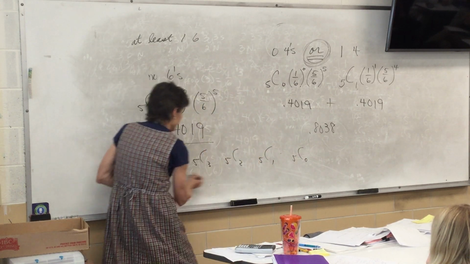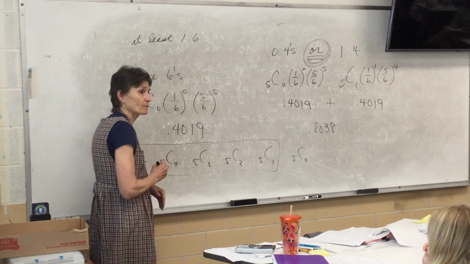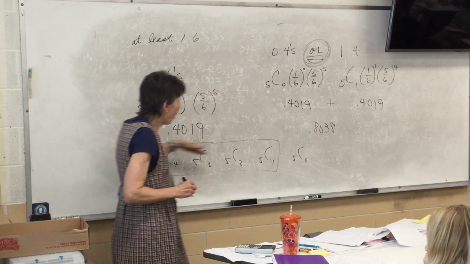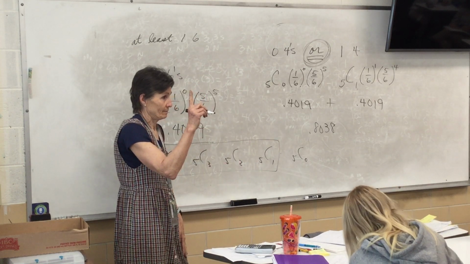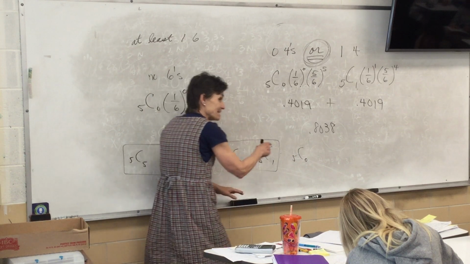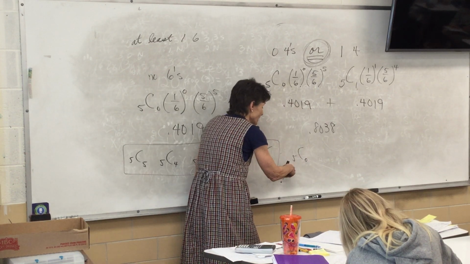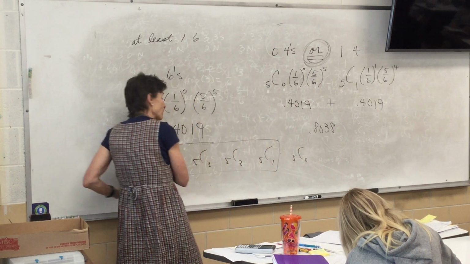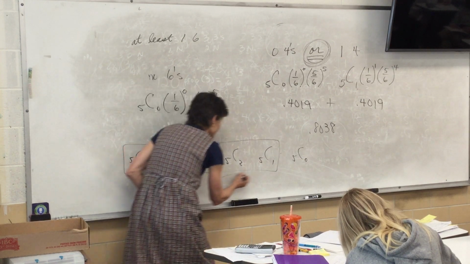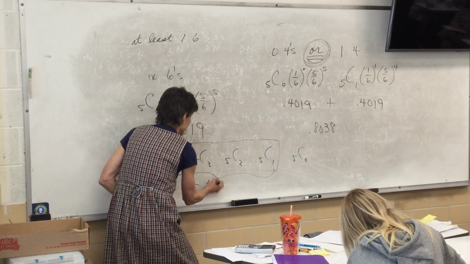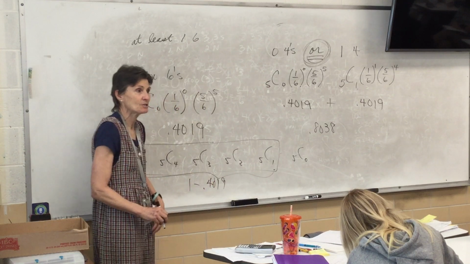This is what you want. You want all of this. Those all add up to 1. So this is easy to find. We've already found it. So if they all add up to 1, then all of this is going to be 1 minus 0.4019. Does that make sense to you?